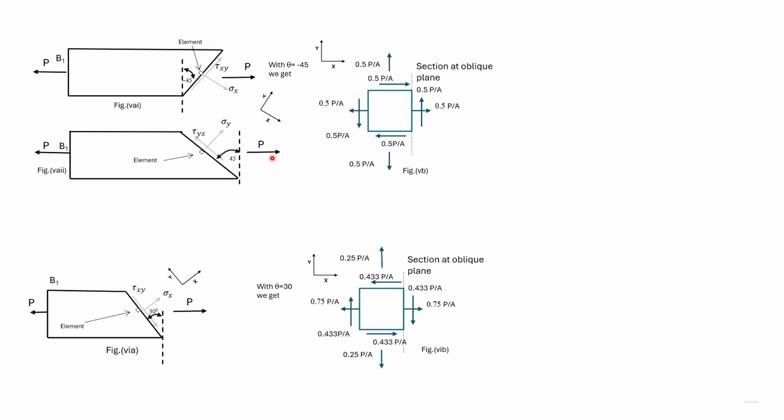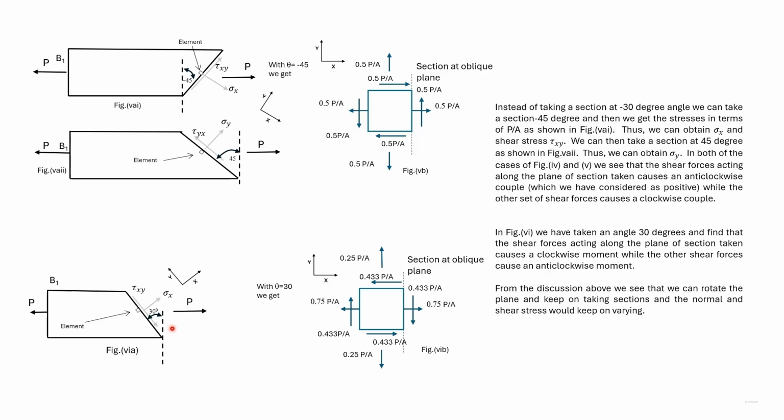P is resolved along the normal of this section to get the normal force, which when divided by the area gives us sigma y. So here we have represented sigma y.